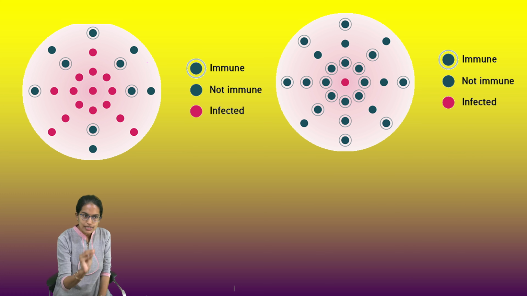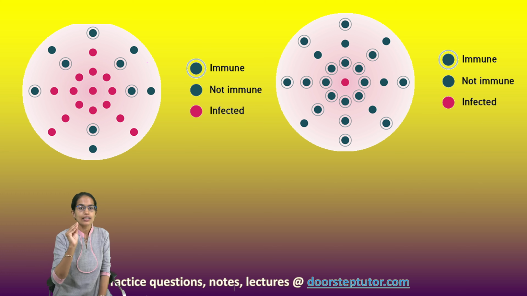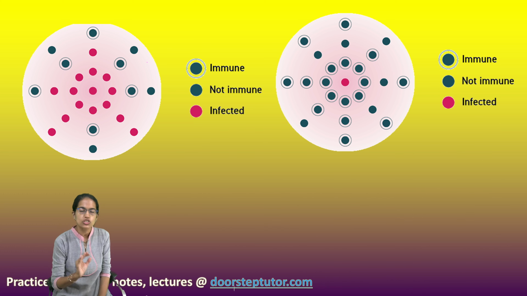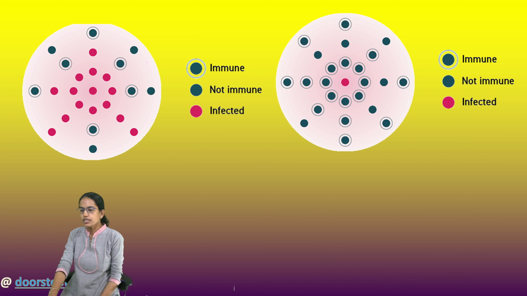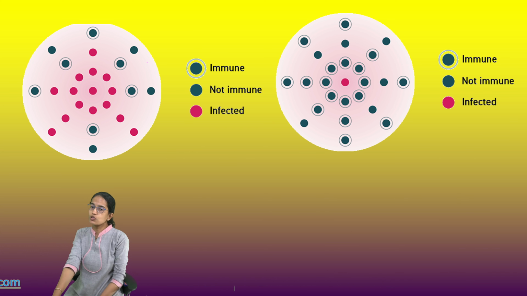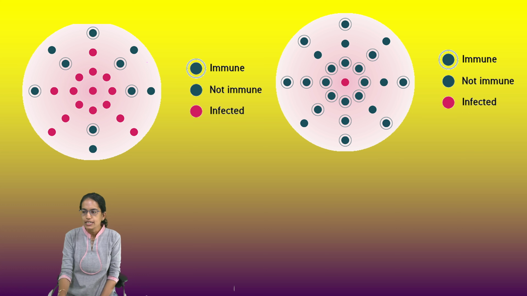So active immunity can be achieved either through natural immunity, that is due to direct infection, or through vaccination, which is the introduction of the weakened form or the killed form of the organism. It could be the virus or the bacteria.